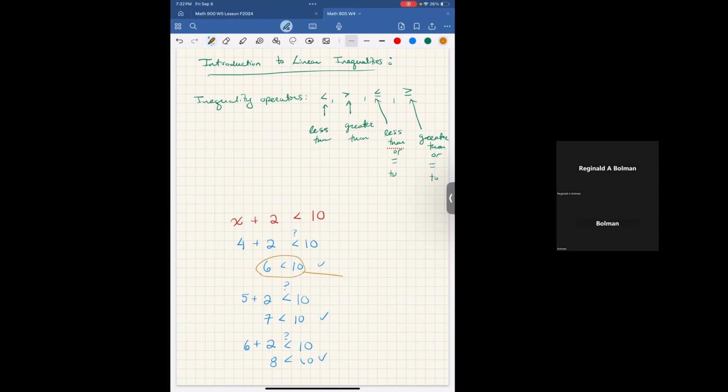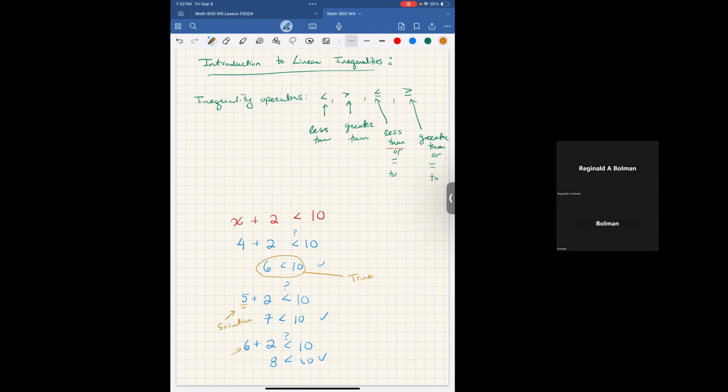This tells us, because this is a true statement, that 4 was a solution to the inequality. When we wrote out 5 plus 2 is strictly less than 10, and we found that 7 is indeed less than 10, we would say that 5 would be a solution to the inequality.